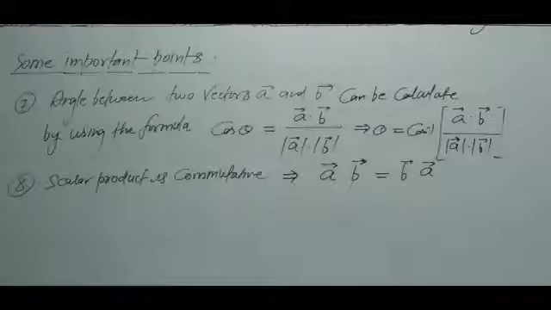If you take a third vector C, suppose, then A dot B or B dot C or C dot A will just be a scalar.